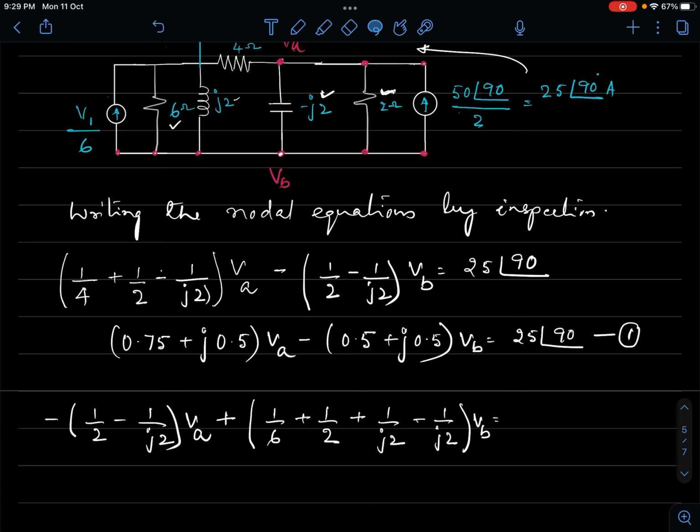So at VB, if we look at the currents, both the currents are going away from VB, so they will have a negative sign. So the sum of the currents is minus 25 at an angle 90, that is one current, this current source. And the other current source is minus V1 by 6.